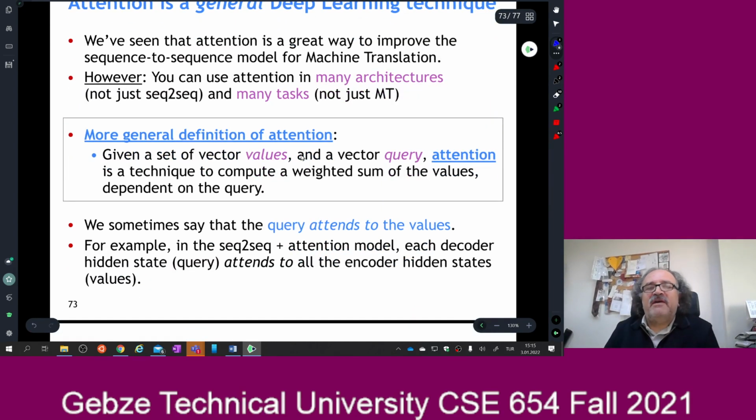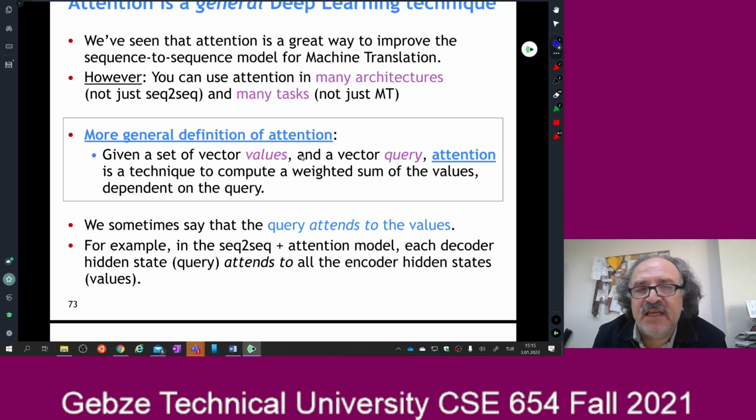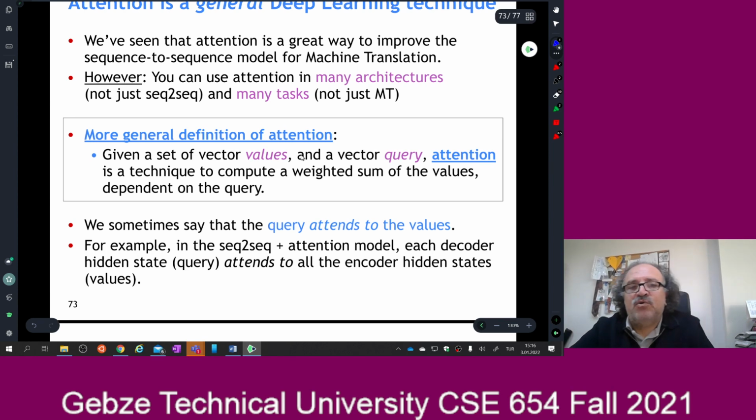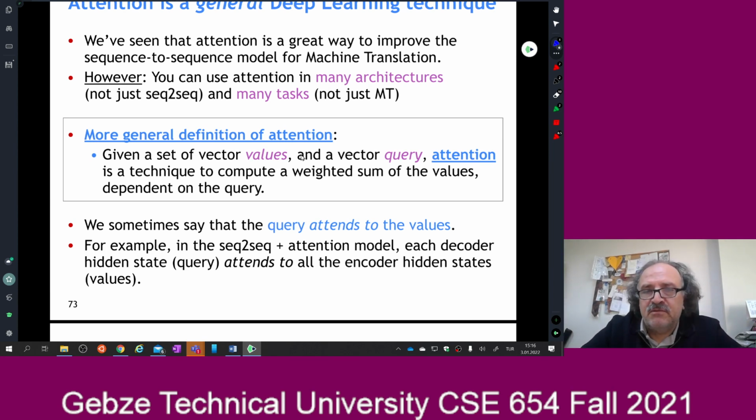Given a set of vector values and a vector query, attention is a technique to compute a weighted sum of the values dependent on the query. So you are basically querying the input sentence with this new word that I am producing. So we say that sometimes the query attends to the values.